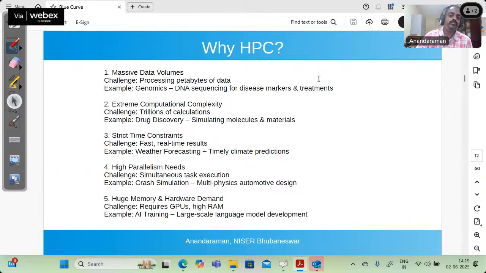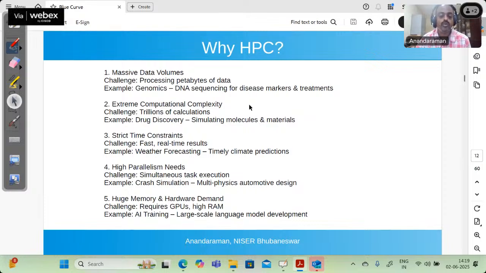So why HPC? With a normal computer, we cannot do most of these operations. We do not have a single computer with that capacity. So we want to club a set of computers together to solve the problem. When we connect multiple computers to solve a problem, it has to be parallel, so we have to make a parallel program.